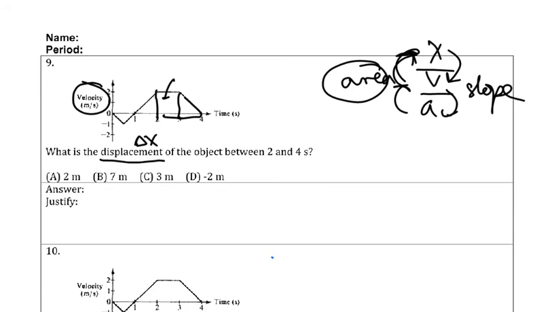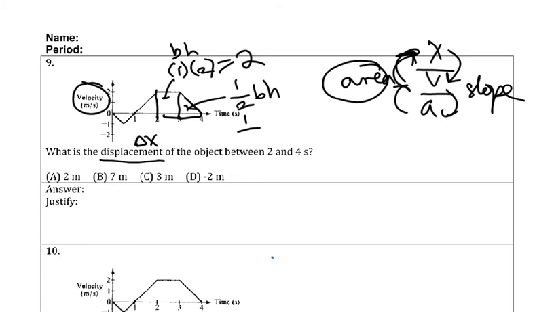For the rectangle, the area is base times height. Okay, my base from 2 to 3 is 1, and the height is 2, so that area is equal to 2. For the triangle, I have 1/2 base times height.